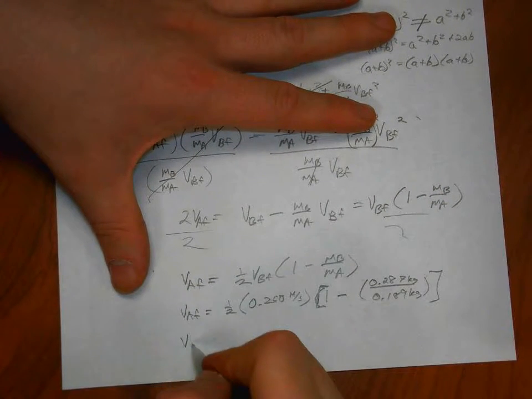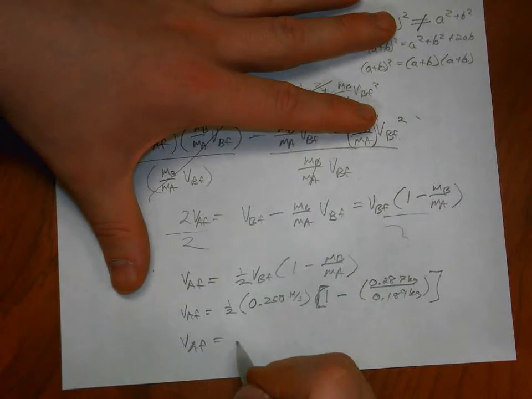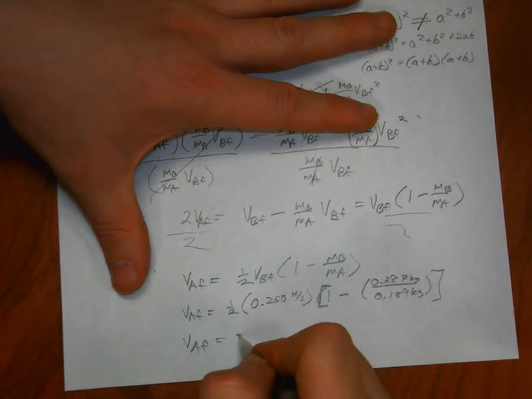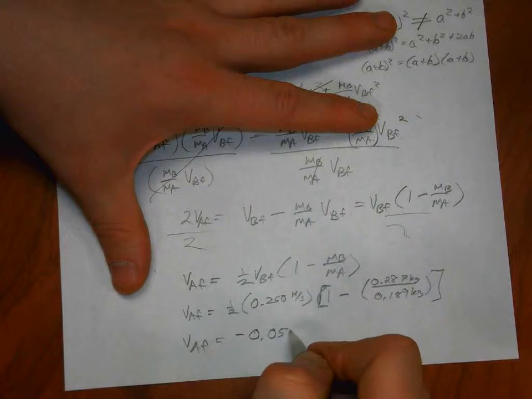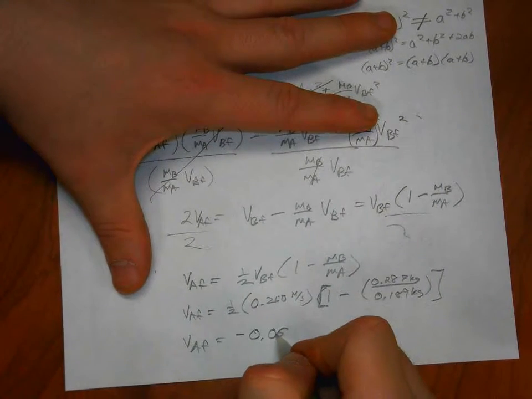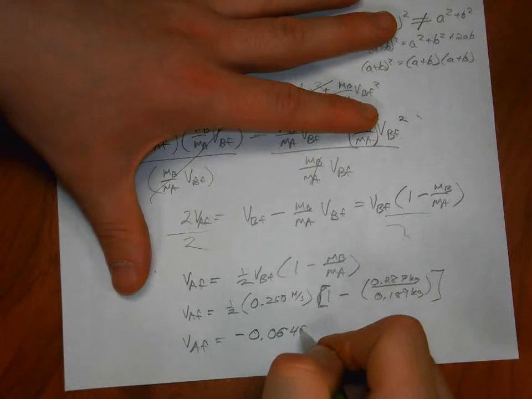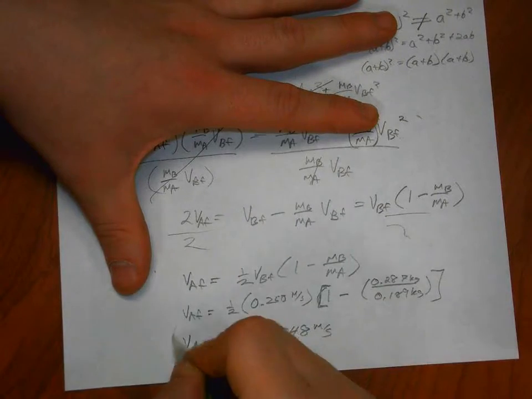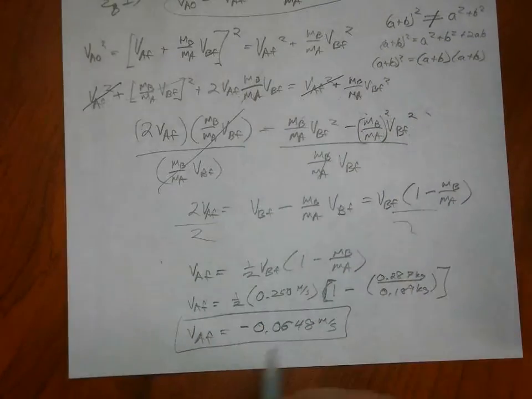And when you multiply all that out, you get negative 0.0648 meters per second. So that is the final velocity of cart A.